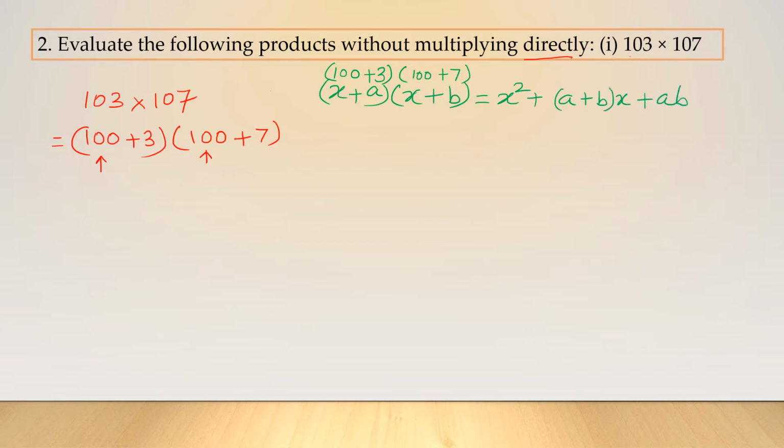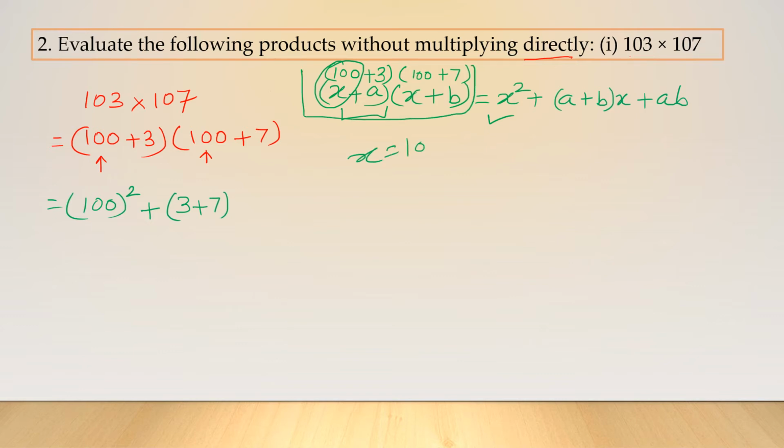So let's do this. In place of x, we have 100. So x square means 100 square. Then, if we compare a, we have plus 3, and for b we have plus 7.